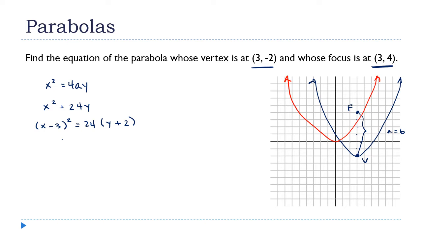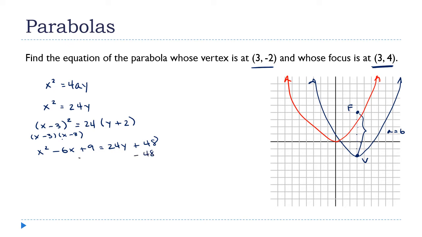So let's see. If we multiply out this left side, this is x minus 3 times x minus 3, right? So that's x squared minus 6x plus 9 equals 24y plus 48. And then let's combine some stuff.